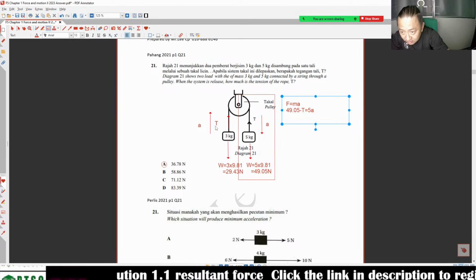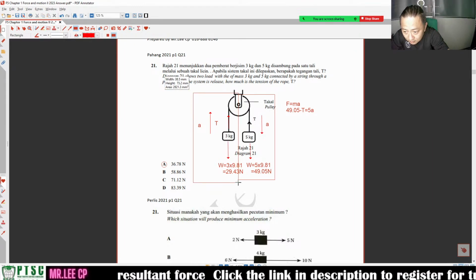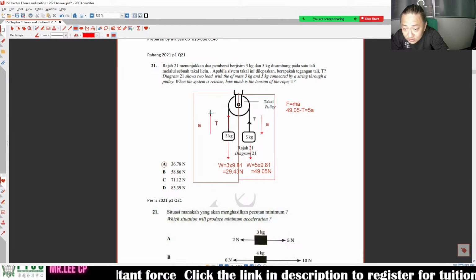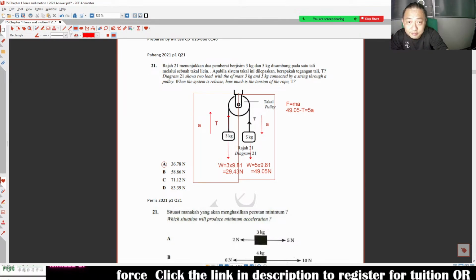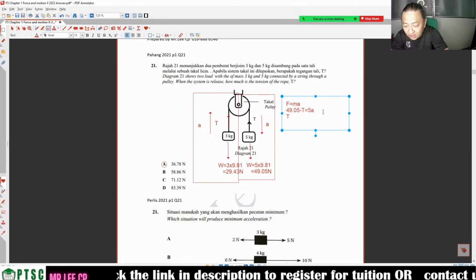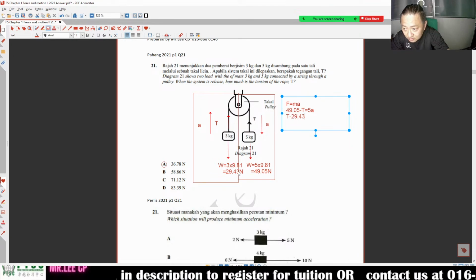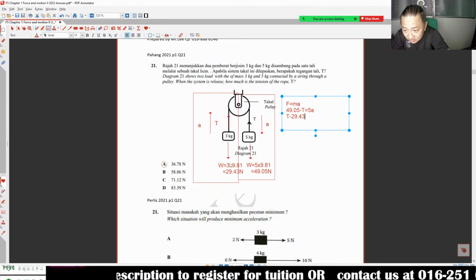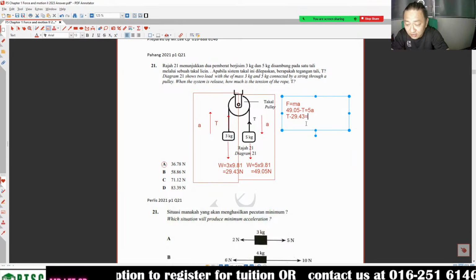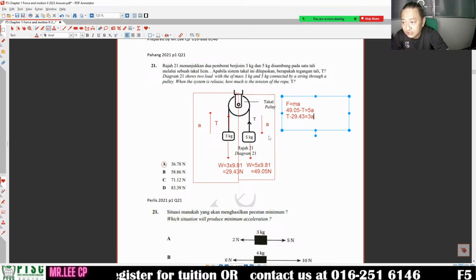This equation here, this one is going upward, so T is bigger. T minus 29.43, the upward force minus the downward force is equal to MA. M is 3, 3A.